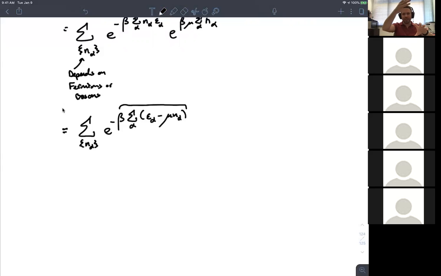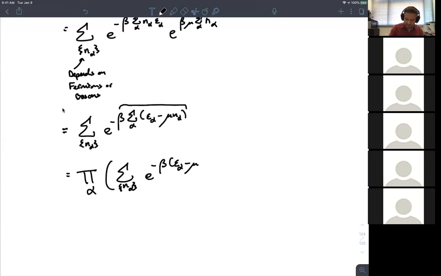And an exponential of a sum is the same thing as a product of exponentials, right? So another way to write this is as the product over alpha, sum over n alpha, of e to the minus beta (epsilon alpha minus mu) n alpha.